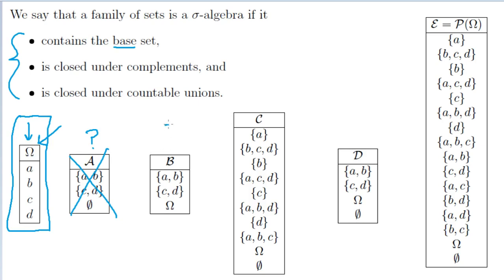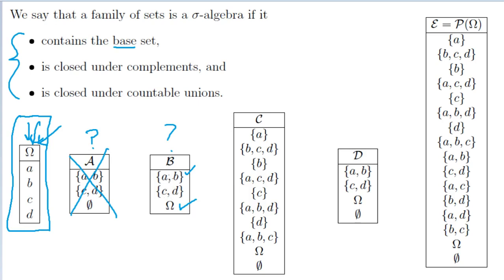What about B? Does it contain the base set? Yes, it does. It contains omega. Is it closed under complements? Okay, well, what would be the complement of A and B with respect to omega? Well, it would be C and D, right? And that's in there, so that works. What would be the complement of C and D?